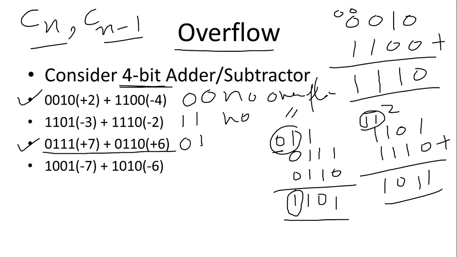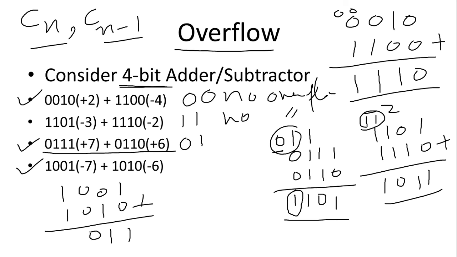Now for the final example, we have 1, 0, 0, 1 plus 1, 0, 1, 0, minus 7 minus 6, which should be equal to minus 13, which also exceeds our lower limit. So plus 1, 1, 0, and here carry 0, 0, and 1. The result is positive, because the most significant bit is 0.